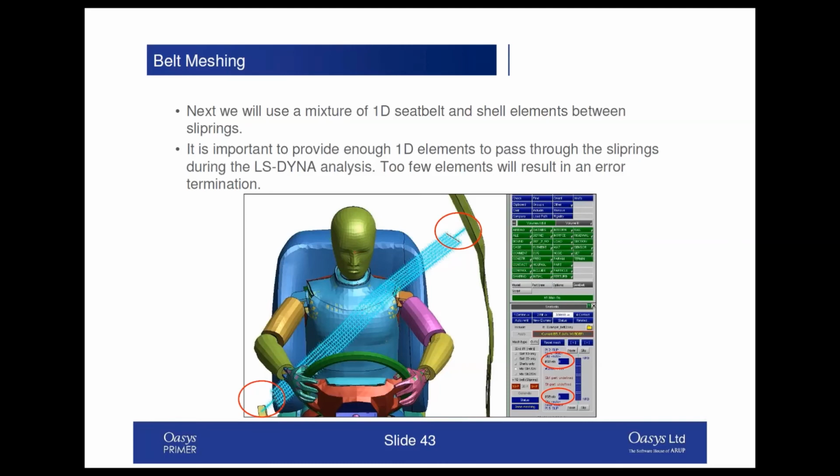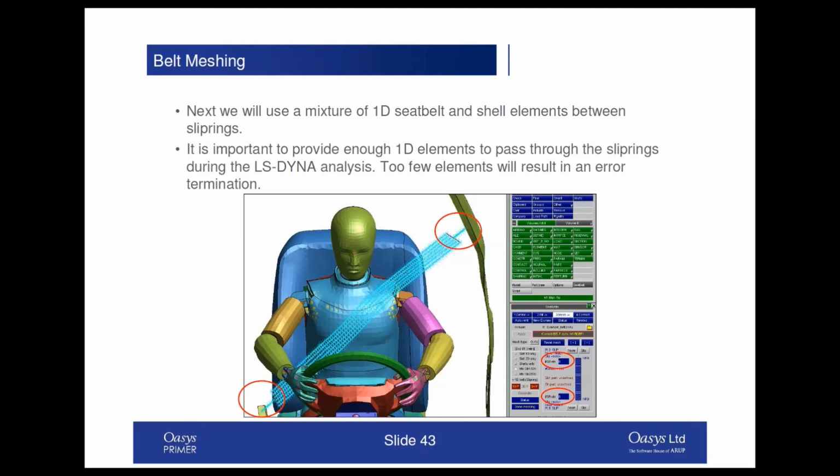So for over the chest and the lap, we're going to have a combination of 1D and shells. It's worth noting here that we can change the amount of elements we have on either side of the slip ring with the little text entry box on the schematic area of the panel. It's important because too few elements would result in an error termination if the shells reach the slip rings. So the default there is 4 elements.